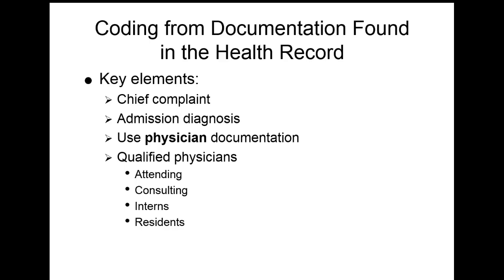There are examples of the codes here, which probably don't mean anything to you at this point in time. But there's a big difference in end-stage renal disease and chronic renal insufficiency. So these are examples of when you would need to query the attending physician. And the attending physician's probably not going to be very happy with that query, because if a patient has end-stage renal disease, it is usually very well documented and the patients are monitored.